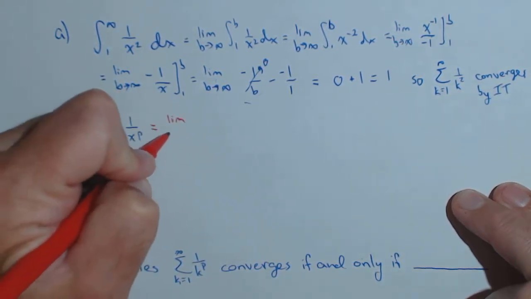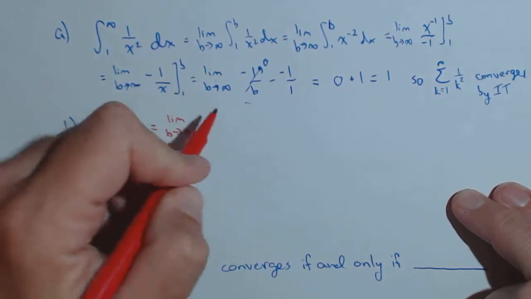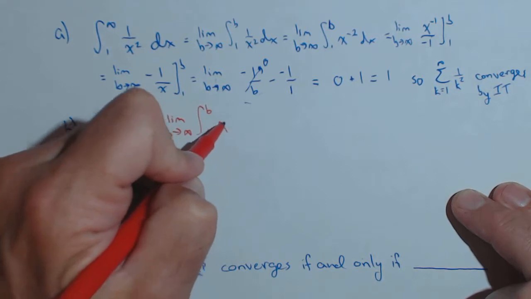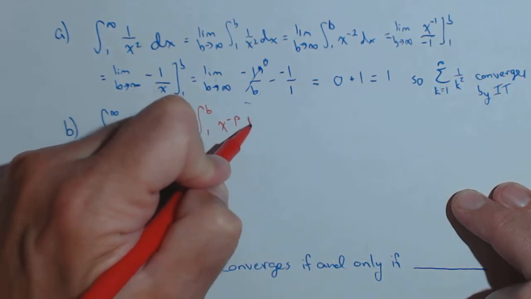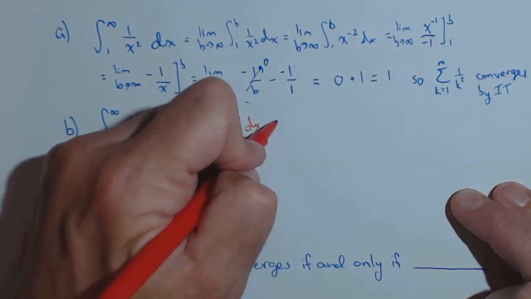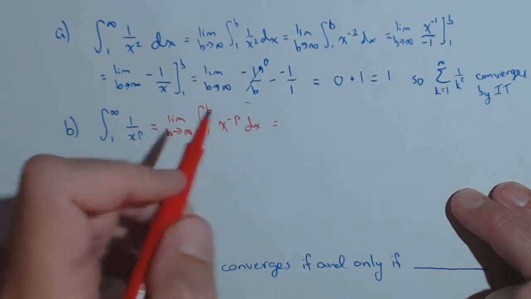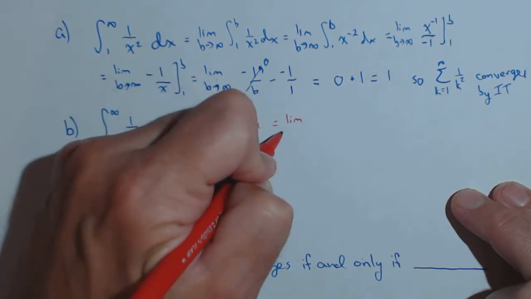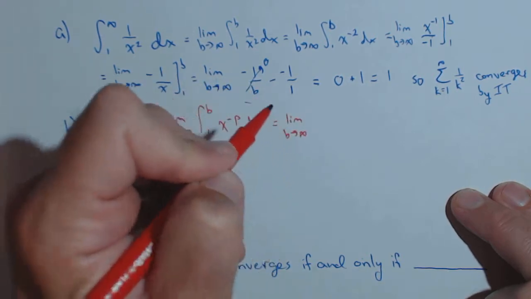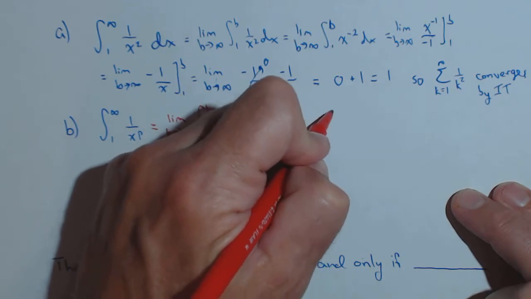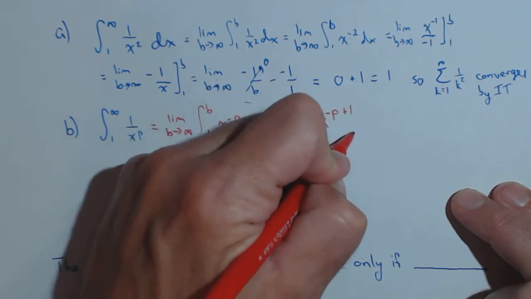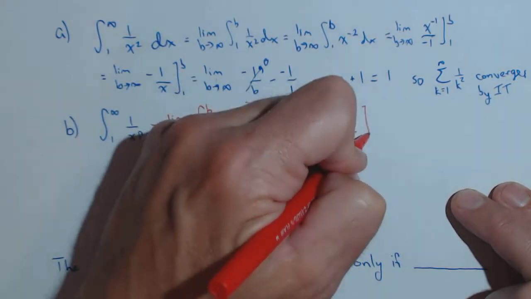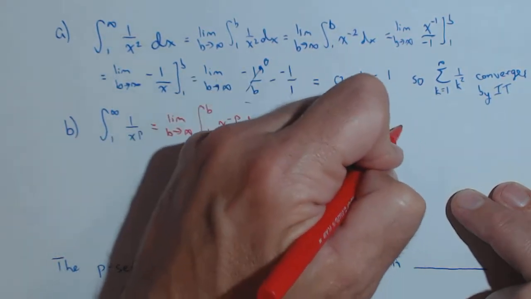So we do the limit as b goes to infinity, and I'm going to combine a step here from before and rewrite that as x to the negative p dx. Now we'll do our antiderivative, the same exact way we did before. Limit as b goes to infinity of x to the negative p plus 1 over negative p plus 1, from 1 to b.